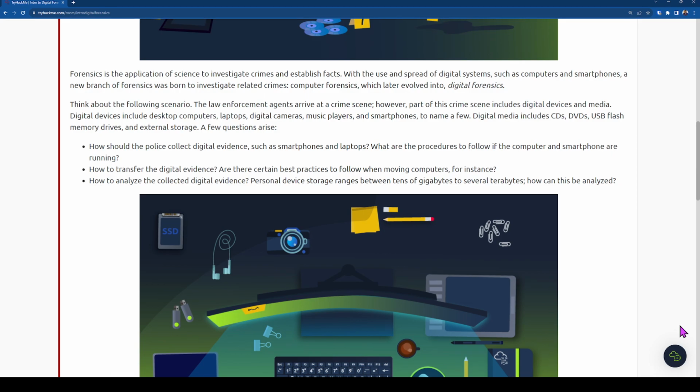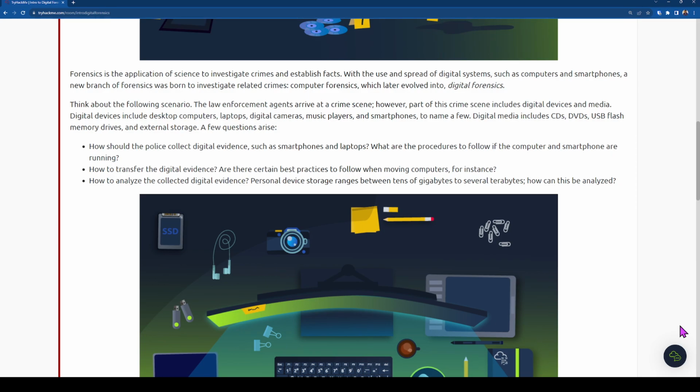A few questions arise. How should the police collect digital evidence, such as smartphones and laptops? What are the procedures to follow if the computer and smartphone are running? How to transfer the digital evidence? Are there certain best practices to follow when moving computers, for instance? How to analyze the collected digital evidence?